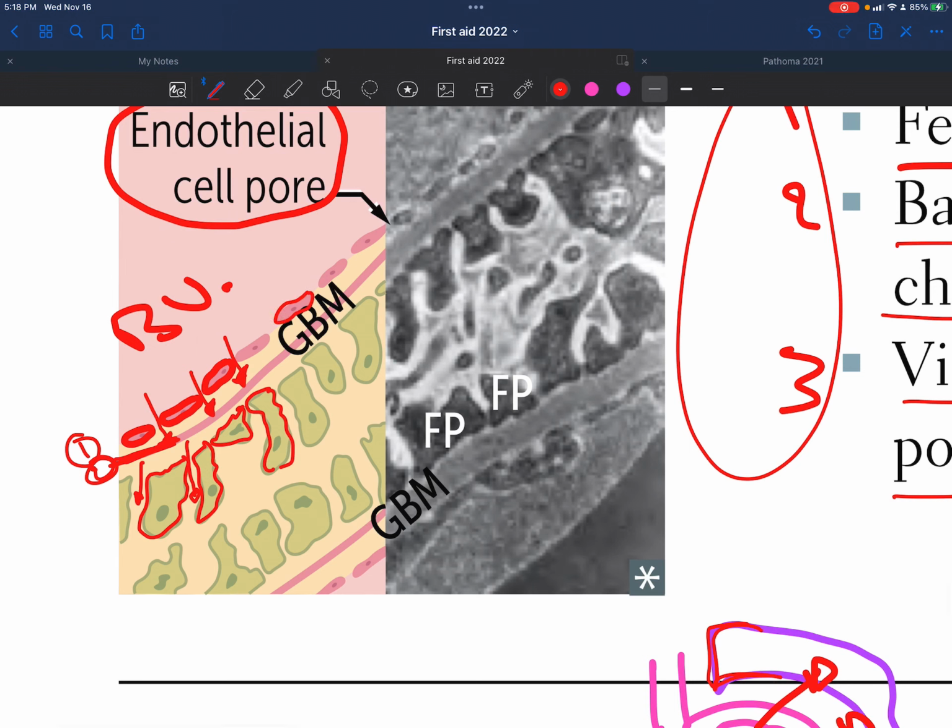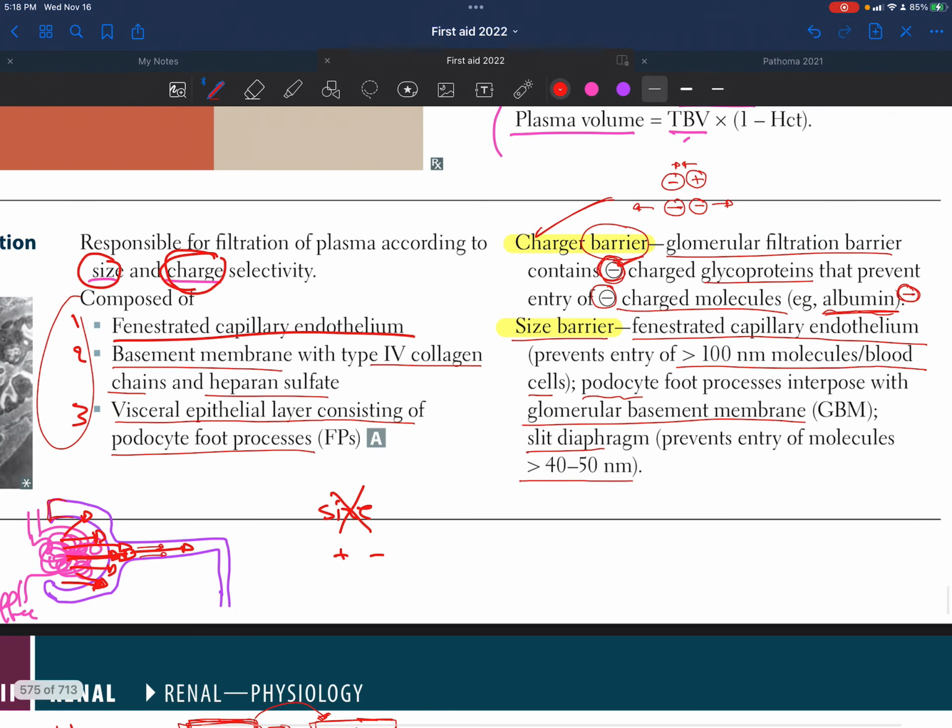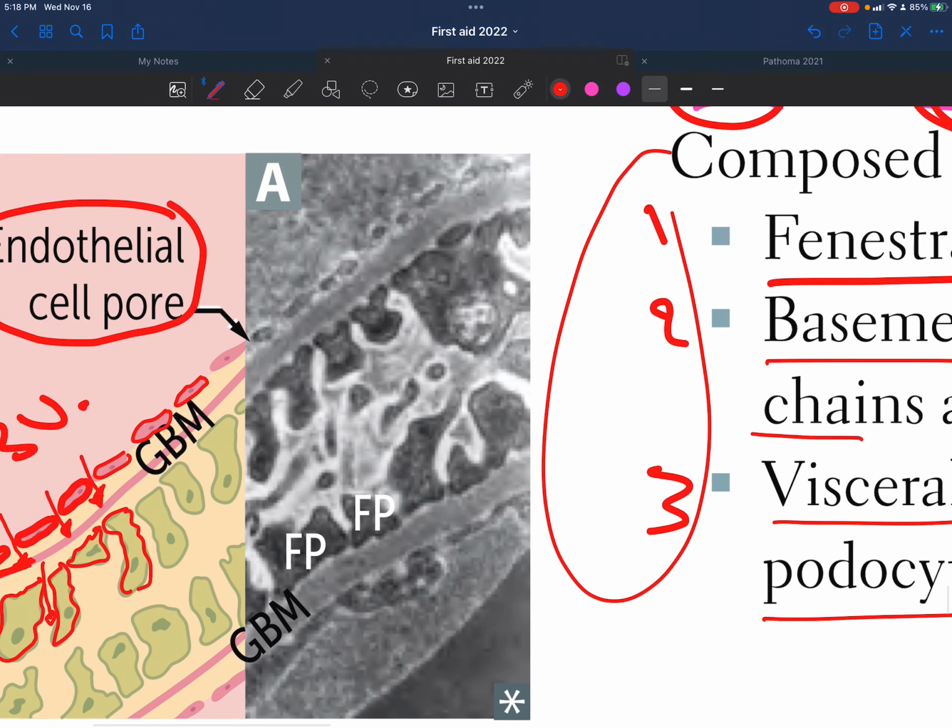These teeny tiny blood vessel cells that we talked about don't allow anything larger than 100, okay?